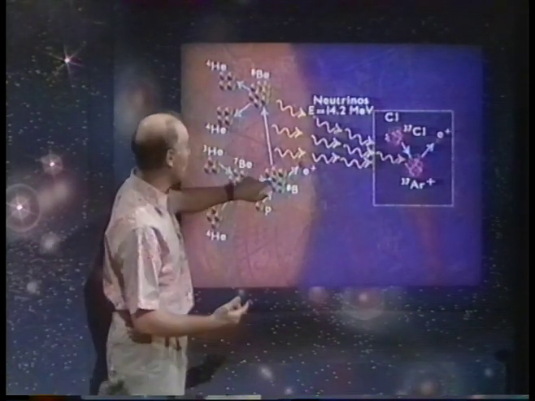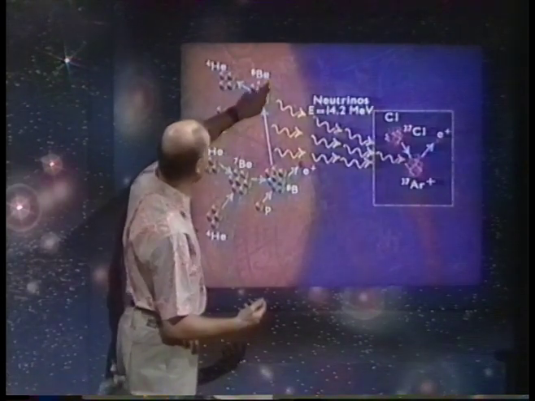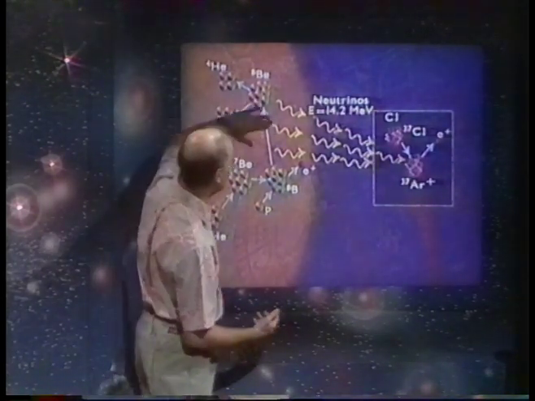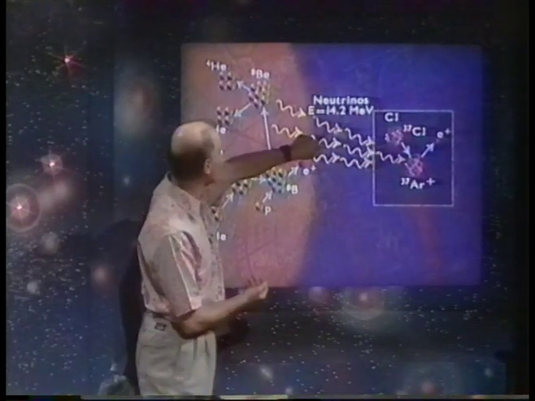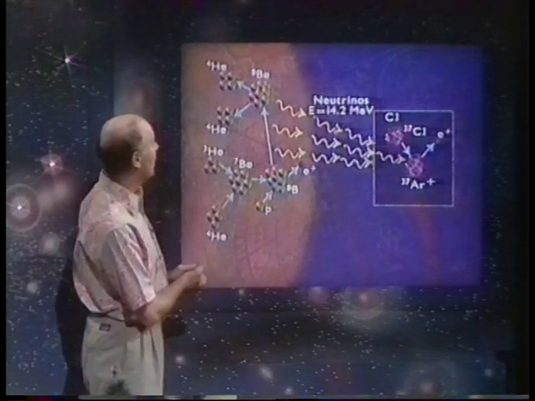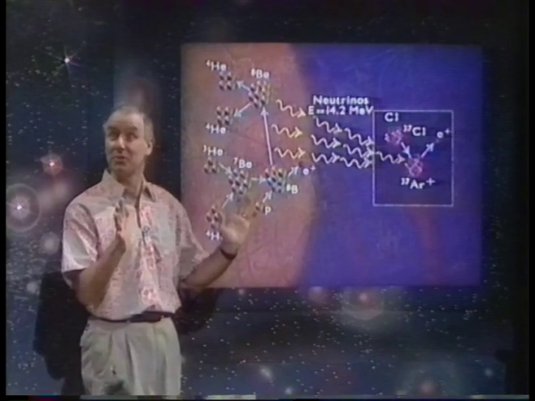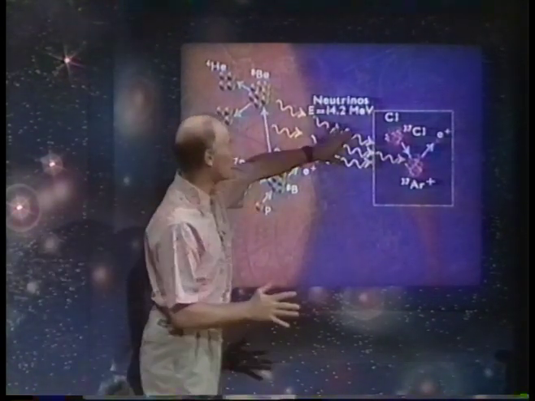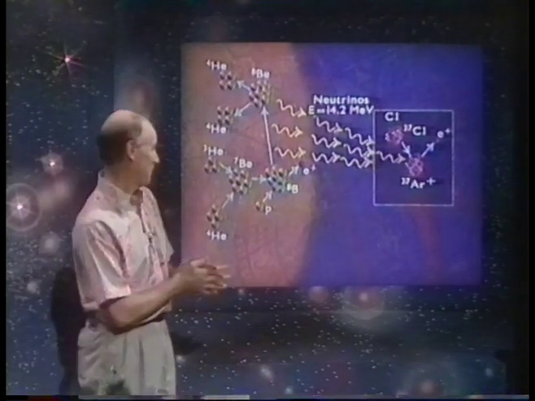When a proton is added on, that makes boron-8, which then decays to beryllium-8, and in the process releases these very weakly interacting particles, the neutrinos. Then the beryllium-8 decays instantly into 2 helium-4 nuclei again. So the game is easy. Sorry, it's difficult. What you've got to do is to try to detect these very, very weakly interacting particles on Earth.